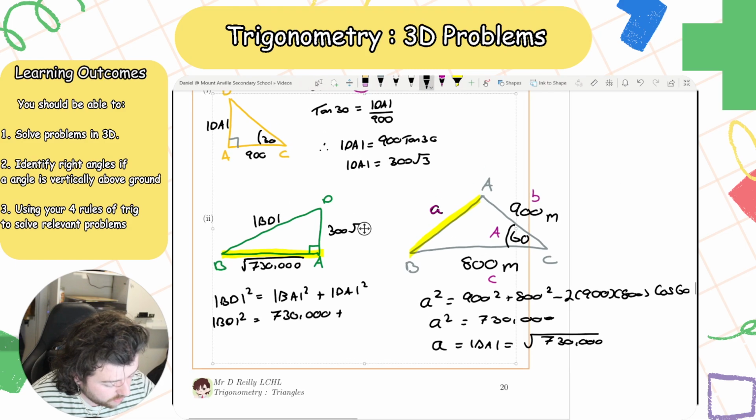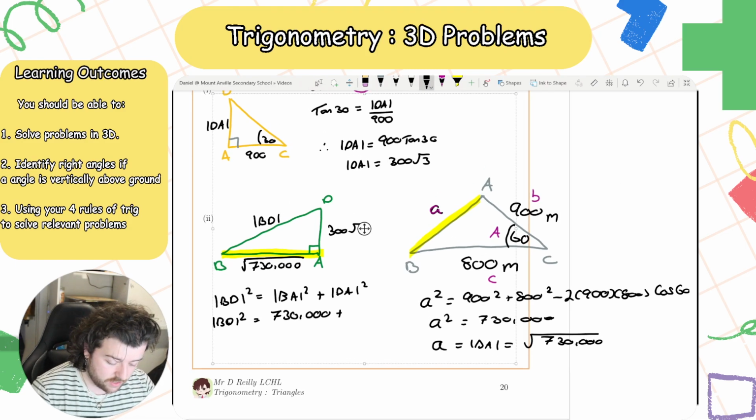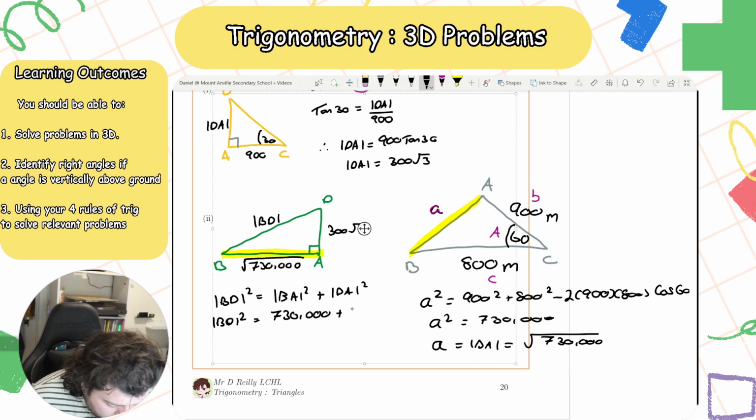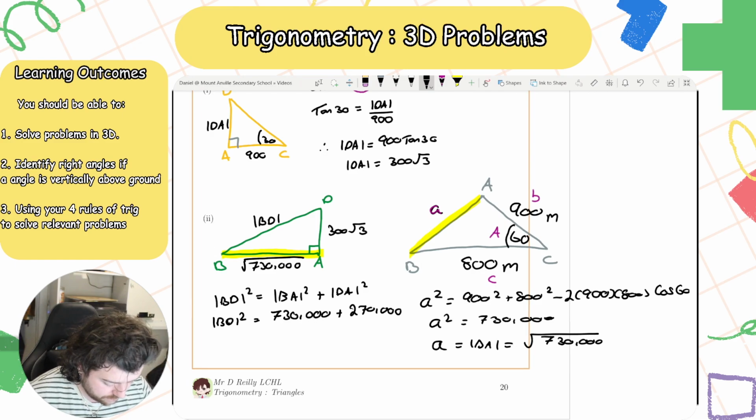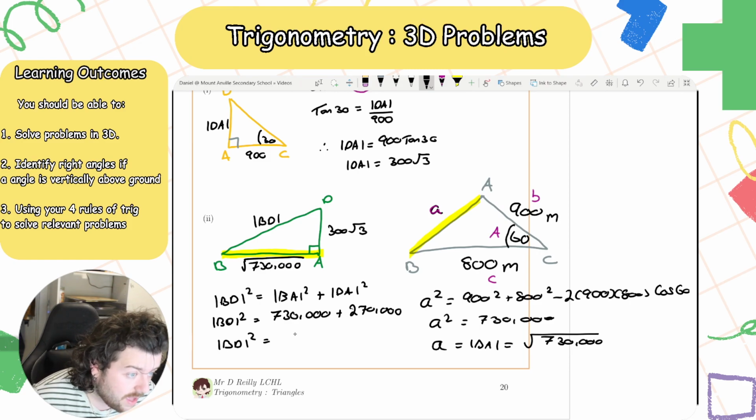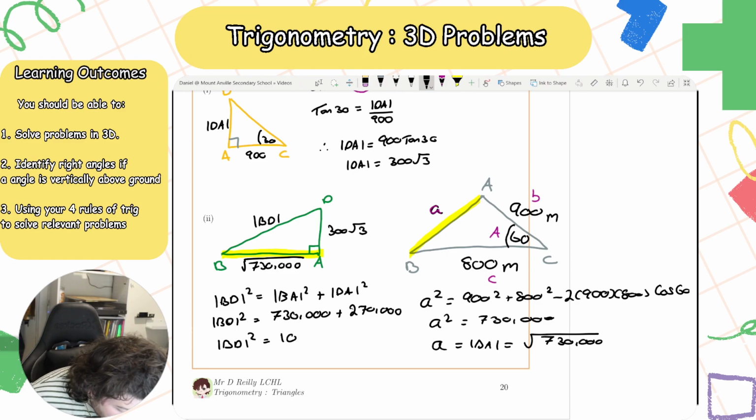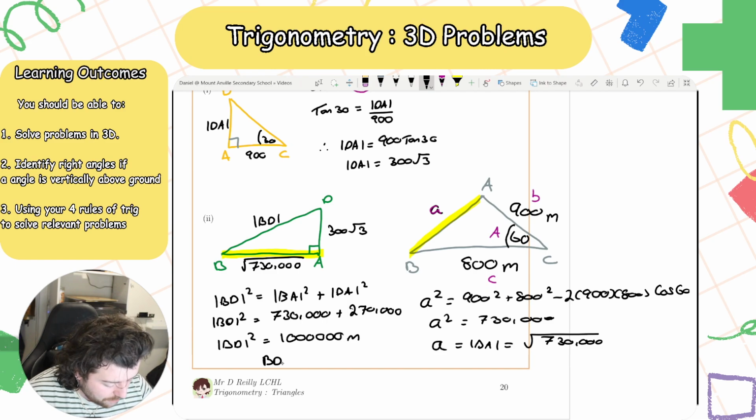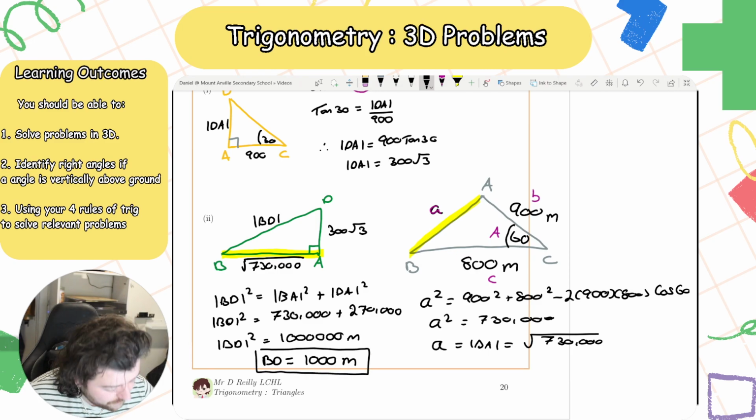That is going to be equal to 300 root 3, squared, which on your calculator gives you 270,000. So you're going to get length BD squared is equal to a million meters. Therefore, BD is going to be equal to the square root of a million, which is going to be 1,000 meters. How fun is that?